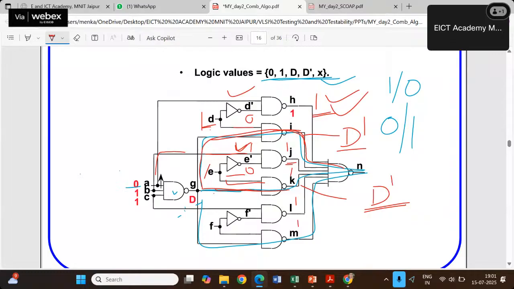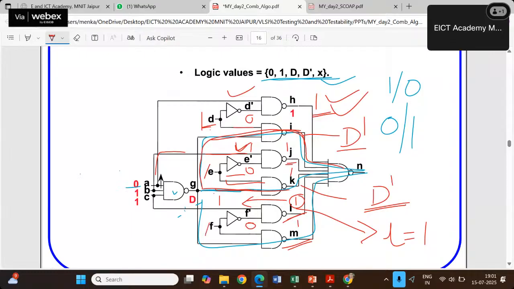Now my target is to make this equal to 1 and this equal to 1. So now let us proceed. First goal is to get L equal to 1. Back propagate. C was already 1. I can play with F. F dash is expected to be 0, so that I can have 1 over here.